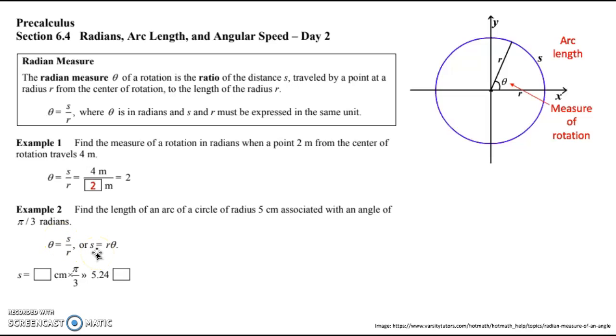We do know the radius is given by 5 centimeters, and we do know the angle in radians to be pi over 3. So when I plug in 5 for r times pi over 3, we end up with approximately 5.24 centimeters.